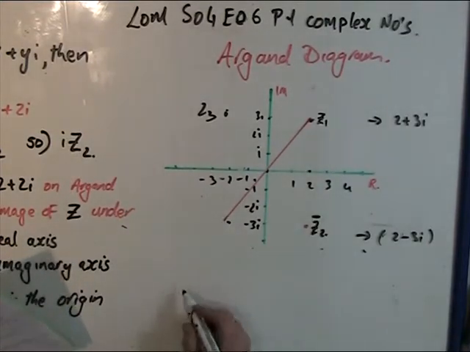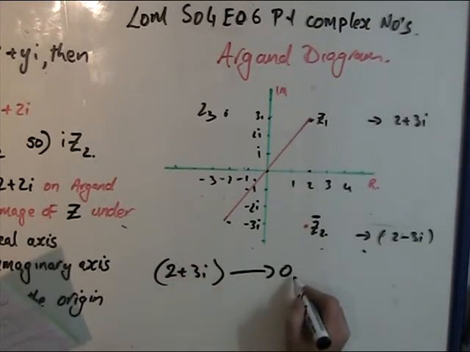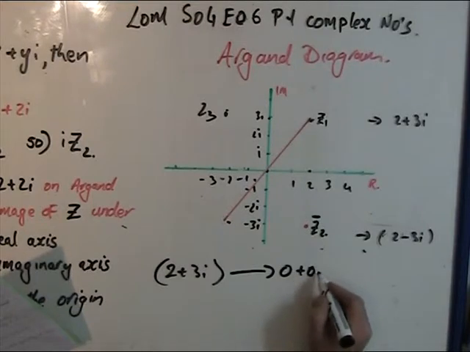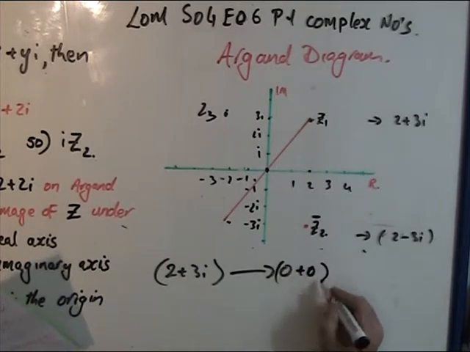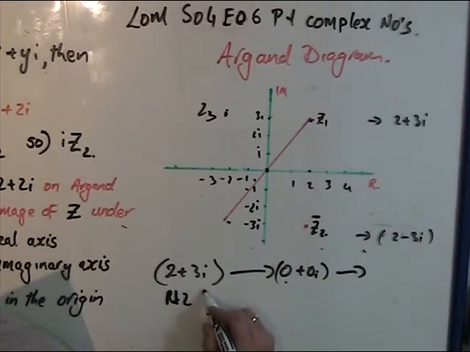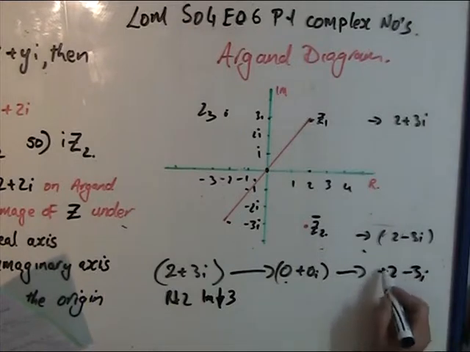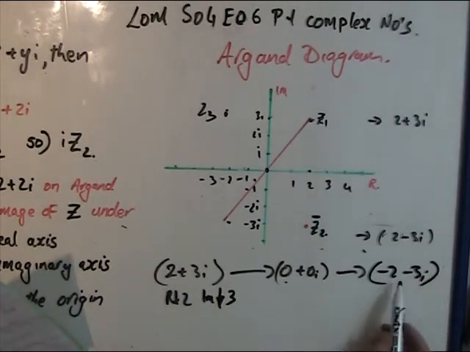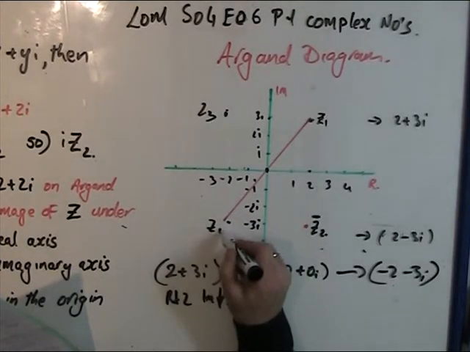So you're going from Z1, which is 2 plus 3i, and you're going out through to the center, 0 plus 0i, which is the coordinates of the center, 0, 0 if you want to look at it another way. And then out the other side, what happened to them? Well, the real went down 2, and the y, the imaginary, went down 3. Okay, so it's minus 2 minus 3i. Right, so you can see that they've changed the signs completely. Right, so we'll call that Z4.